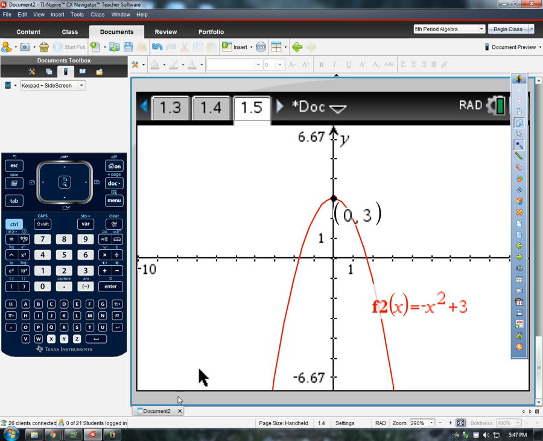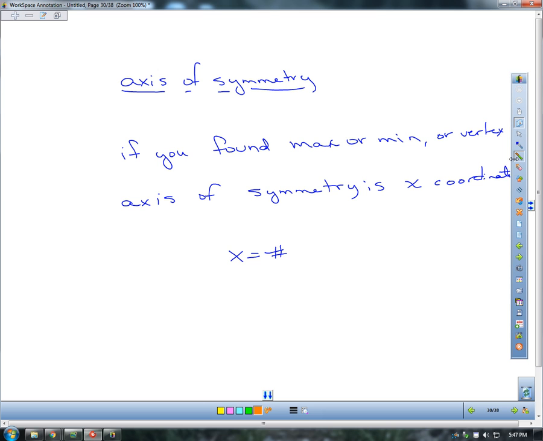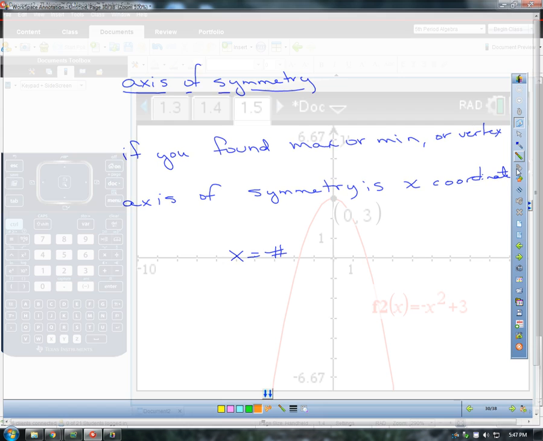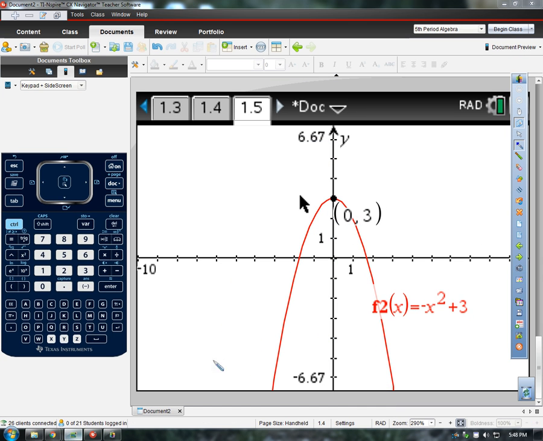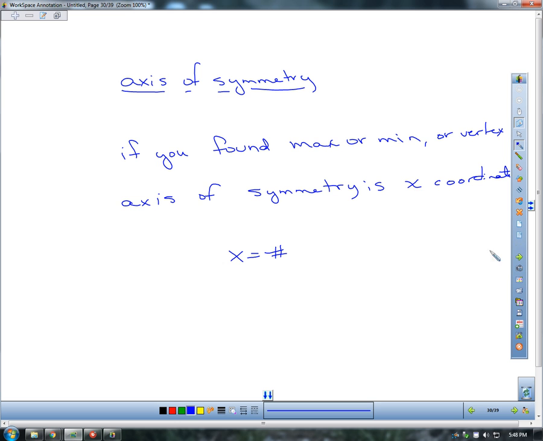And now if I wanted to do the axis of symmetry, I would look at the x-coordinate of that point and say, oh, well my axis of symmetry is at x equals 0, which is right there. That would cut it in half. So, sorry, I'm having trouble getting back to where I want to go. So in that example, it would be x equals 0.